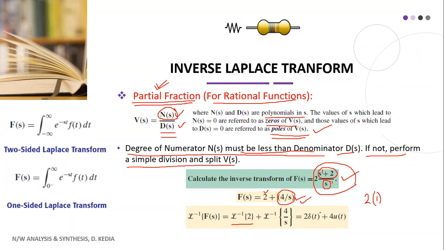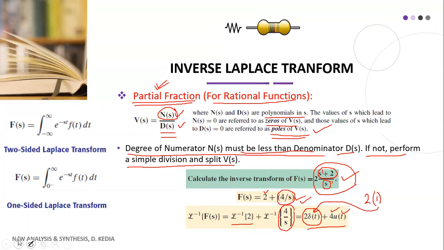So you see here 2 as it is, and inverse Laplace of 1 is nothing but delta t. And here you see inverse Laplace of 4 by s. 4 is a constant which will remain as it is, and inverse Laplace of 1 by s comes out to be ut. So this is the answer: inverse Laplace of 2 plus 4 by s will be 2 delta t plus 4 ut.